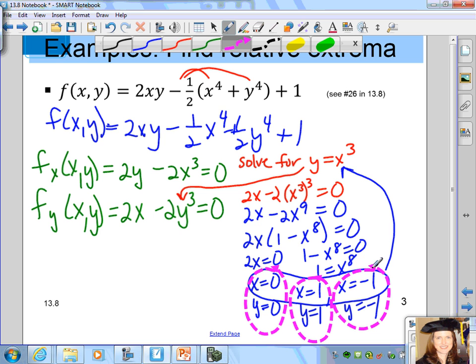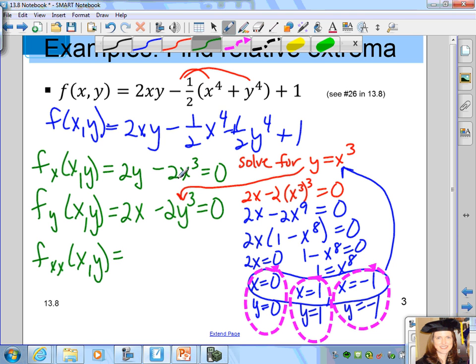We're going to use the second partials test 3 times to determine what type of relative extrema we have. Now in order to do the second partials, we also need to find the higher order partial derivatives. We want to find the partial derivative with respect to x and x again.